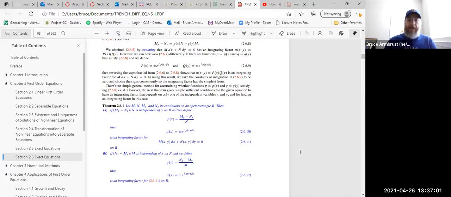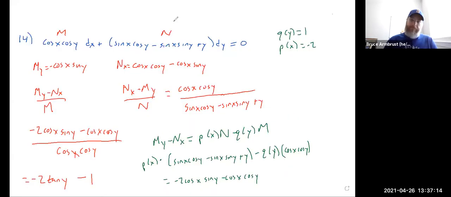And then the other one is nx minus my divided by m has to be independent of x, so meaning a function of only y. Okay, so I should have my minus nx divided by n. All right, good catch on that.